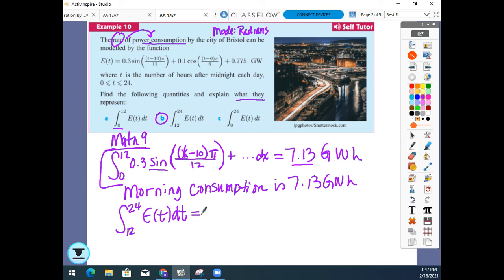Okay, and enter that in, and hopefully this one comes out to 11.285 gigawatt hours. So this is from noon to midnight. So this is the afternoon consumption. Actually, afternoon, evening.